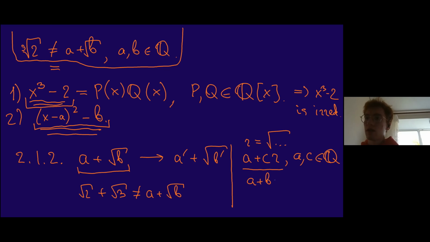if we have a fraction, then it also can be written as some e plus f r, where e and f are rational. Well, okay, how do we do it?